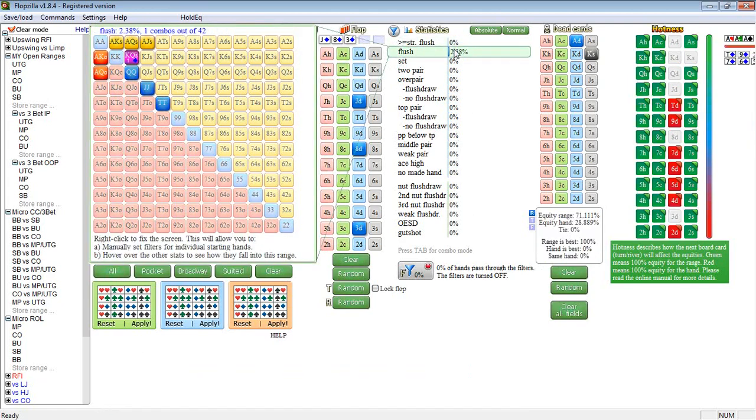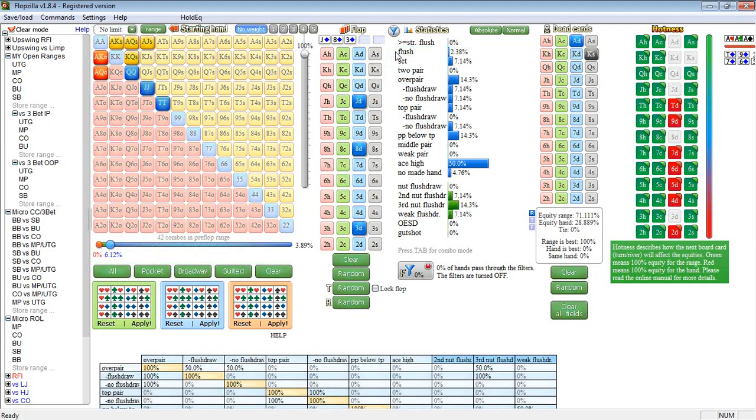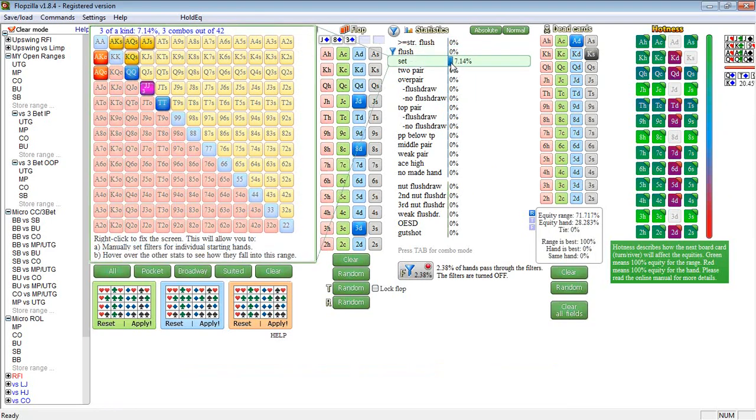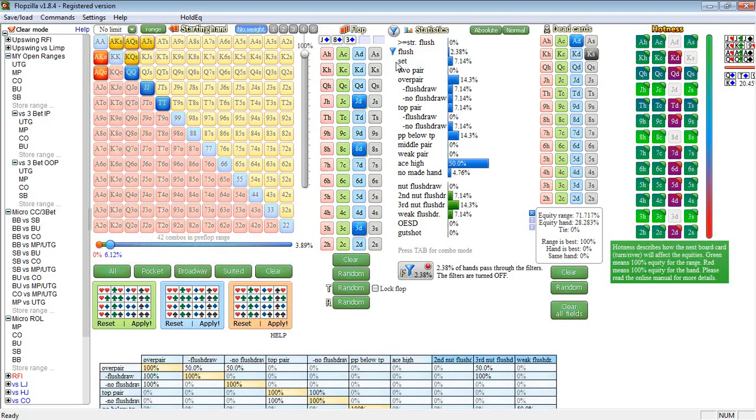So his flush, he only has one flush, king, queen suited. So we're definitely not worried about that, because he would check raise a flush. But we'll leave it in his calling range for now, because maybe he wants to slow play it. Same thing with a set.